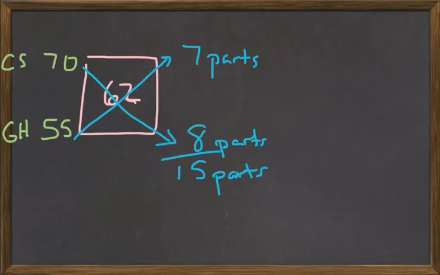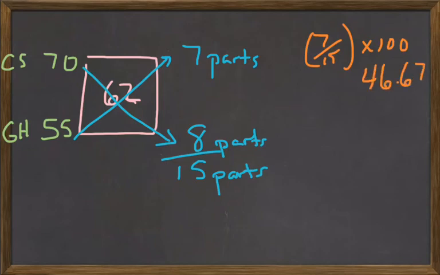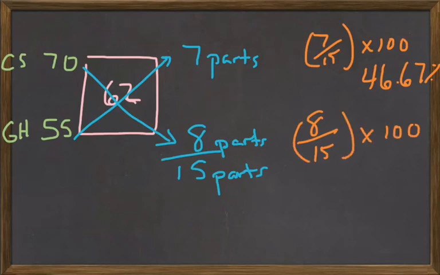And the percentages are just like we did before. 7 divided by 15 times 100 gives us, for this problem, 46.67%. Remember to carry the 2 decimals. 8 divided by 15 times 100 gives us 53.33%.